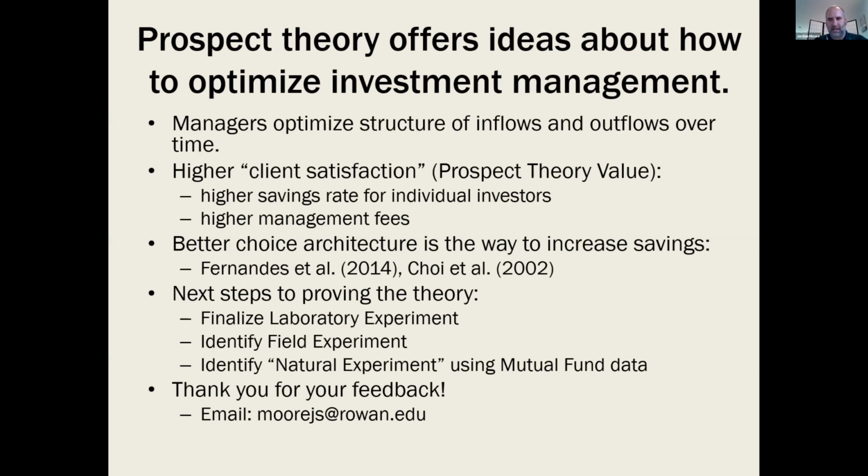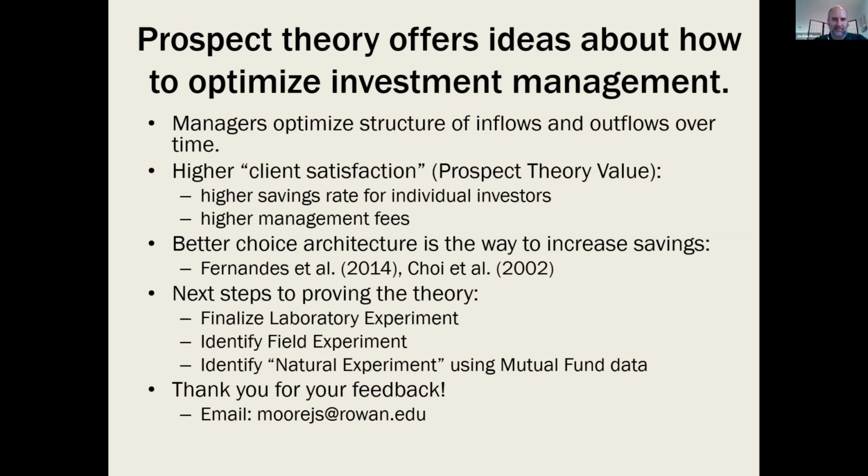I think that targeting utility is a good thing because not only are you encouraging policies that make investors happier, but that happiness also benefits the financial managers or the government, whoever is benefiting from having individual investors invest more.